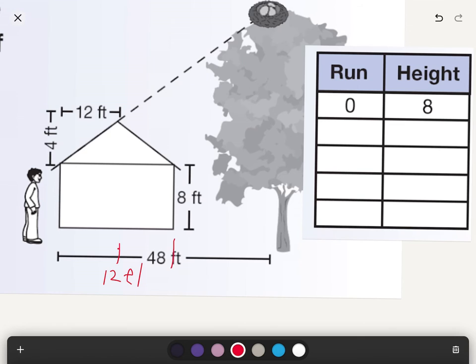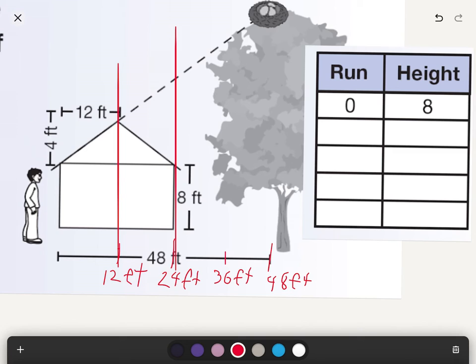And then by about halfway, 24 feet, and 3/4 will be 36 feet. And then finally we're at 48 feet here.